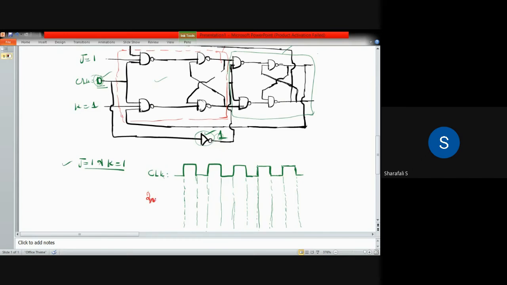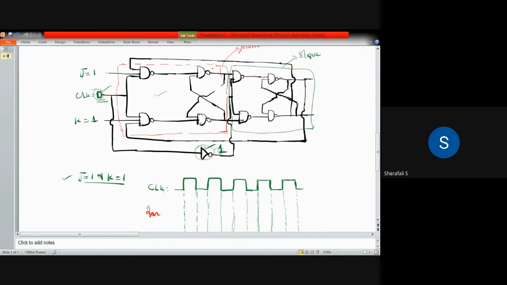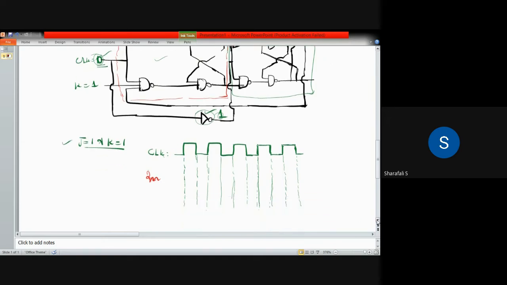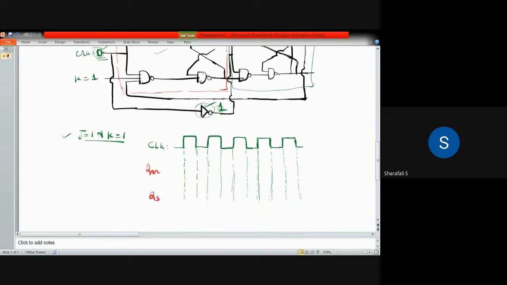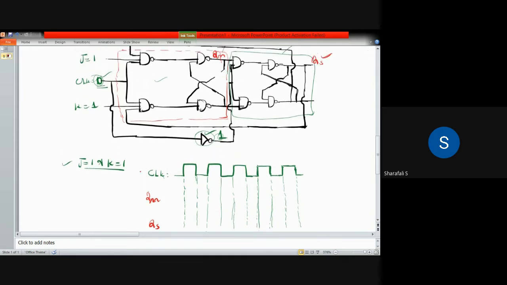We'll consider the output as Qm first, that is the output of the master. So Qm is here, and here Qs. That is the final output. Qs is the final output, which is also the output of the slave. Okay. So I will write it as Qm and Qs.